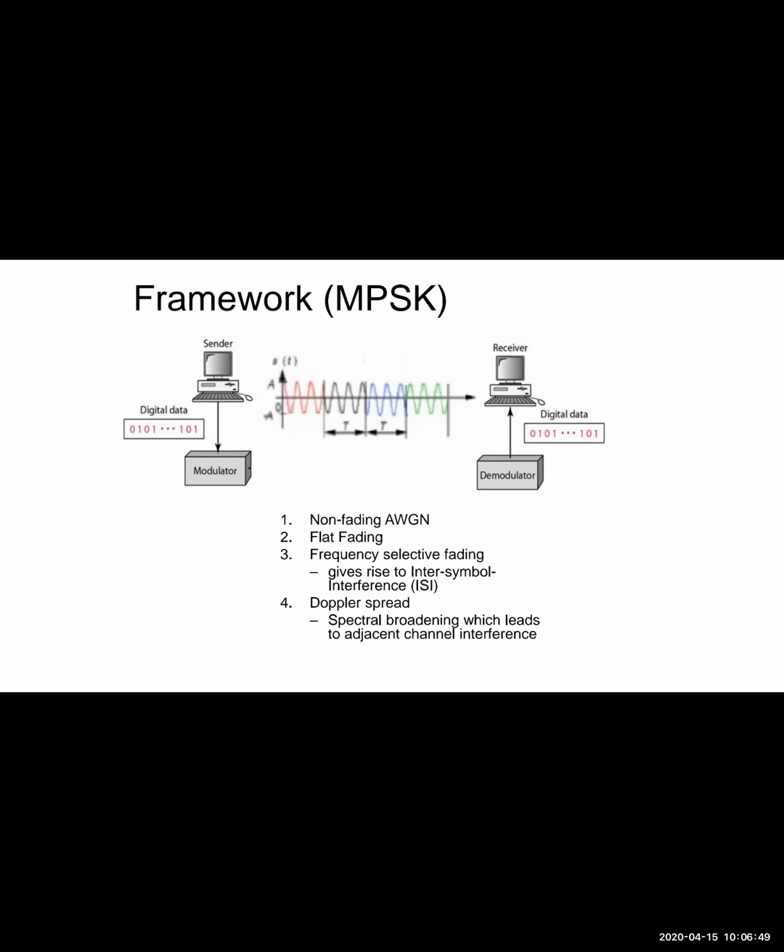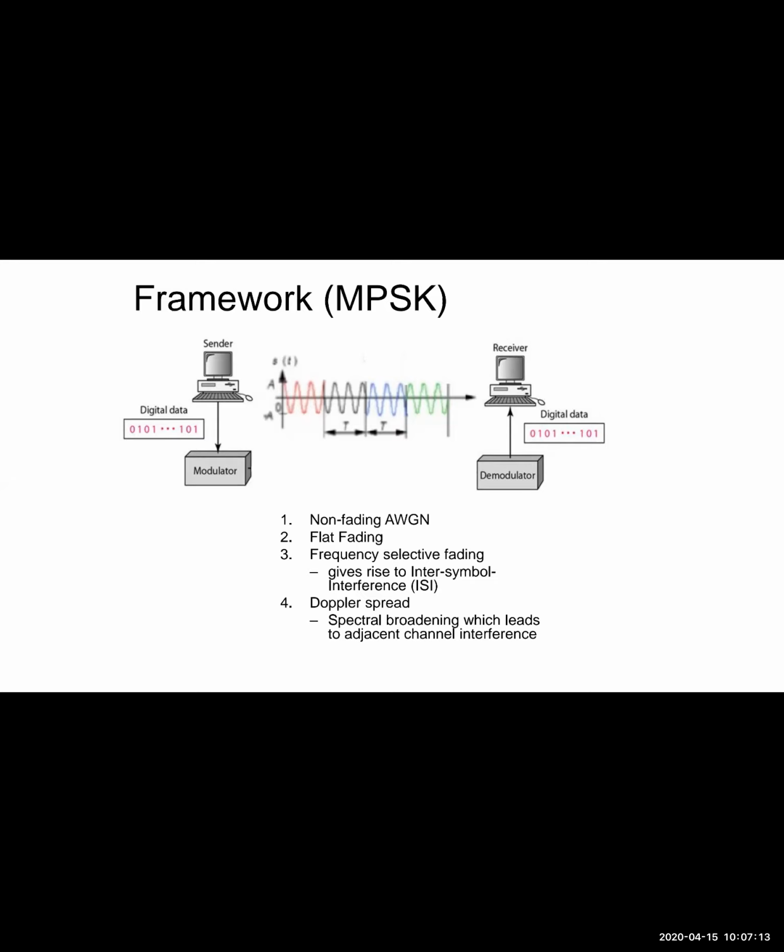So in one framework, we transform the bits, zeros and ones, into MPSK, that is, we use phase shift keying. In the middle, between the transmitter and receiver, we can model the channel as any of the following four.